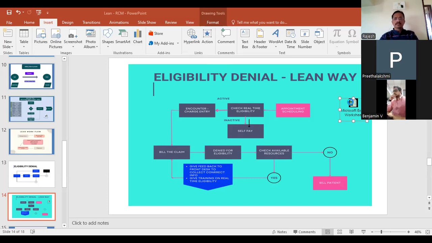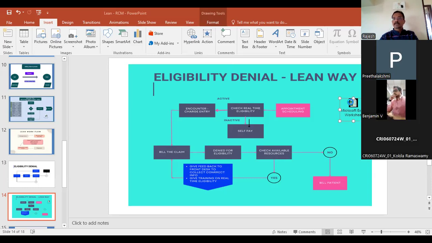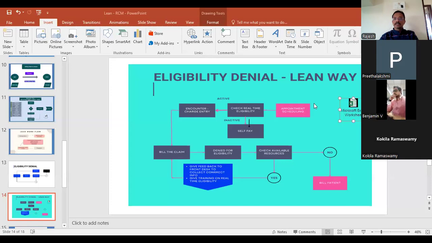Are you not able to see the Excel sheet? Okay, one second. Let me share it again. Can you see this, right?